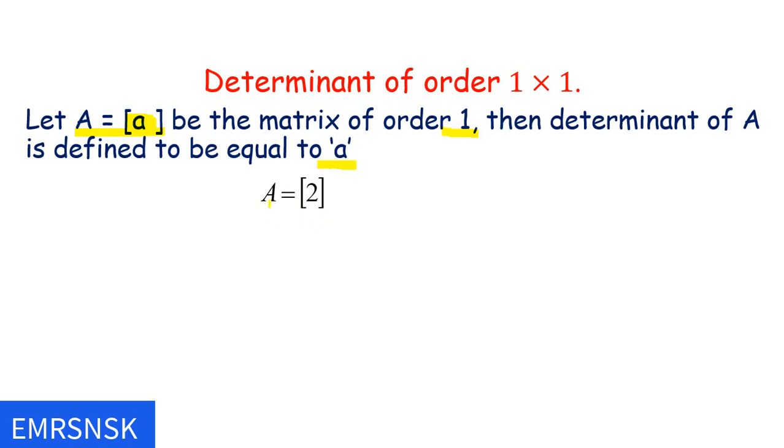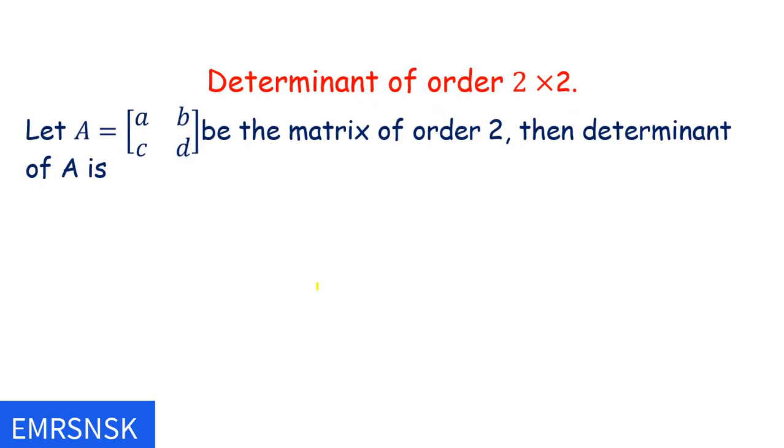The determinant of this matrix A is simply the number 2. Now suppose I have another matrix B of order 1 by 1. Then the determinant of this matrix B is simply the number inside the matrix, that is minus 5.